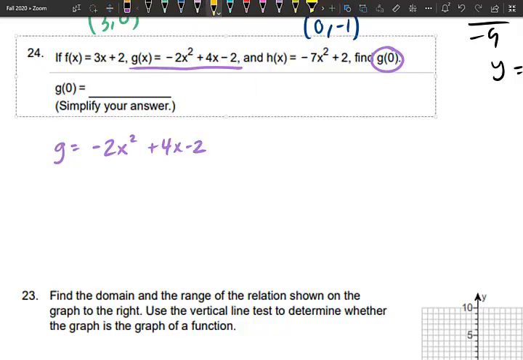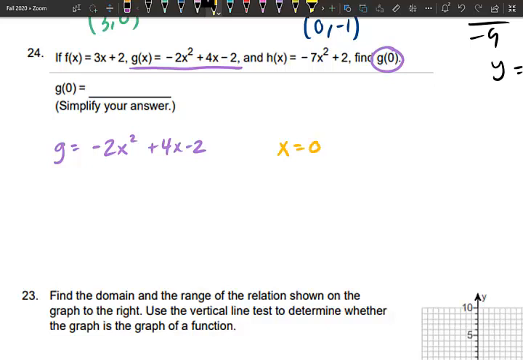Now what it's really asking us is to plug in 0 for x. So using the g function, we have g equals negative 2 blank squared plus 4 blank minus 2, and in that blank, we're plugging in 0.